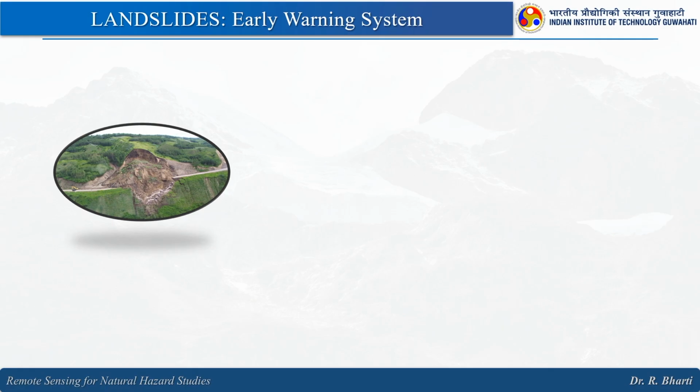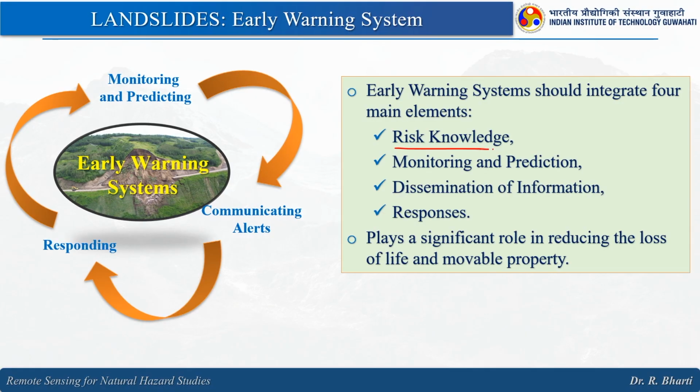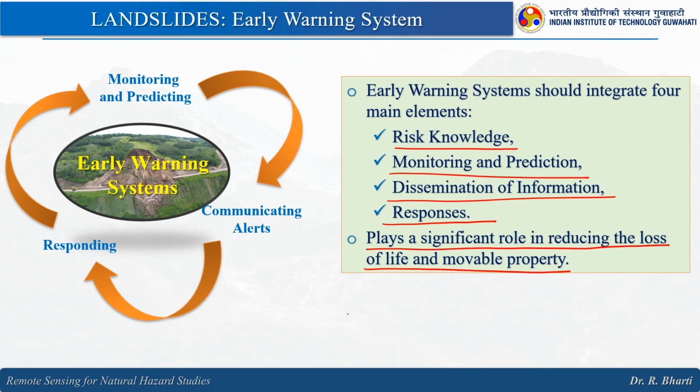So, when we talk about the early warning system, basically it has a few components which are very critical: the risk knowledge, monitoring and prediction, dissemination of information and the responses, and all of them play a significant role in reducing the loss of life and movable property.